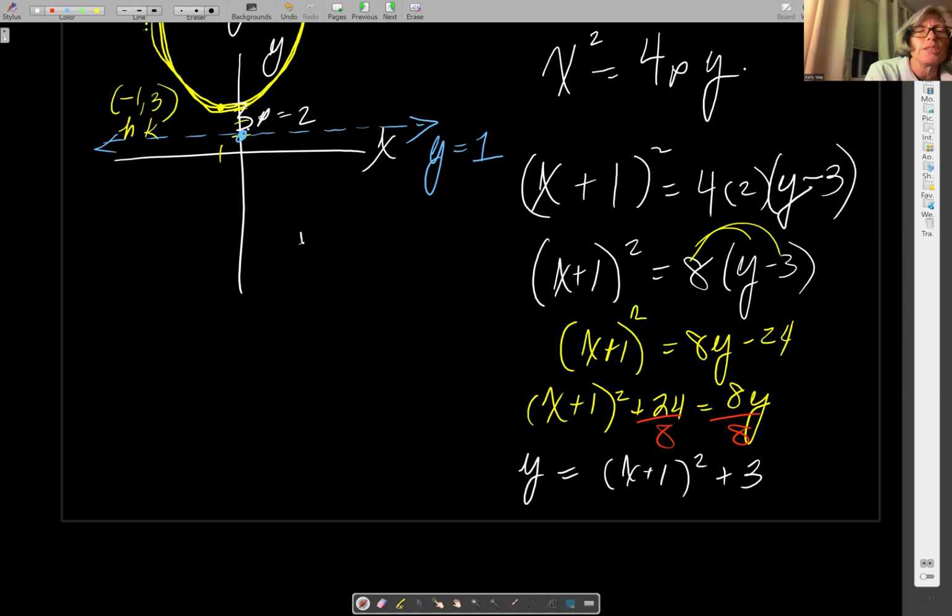So in this case, if I wanted to find the foci, our foci is simply going to be whatever your h is, and then your k, which is 3, plus p.